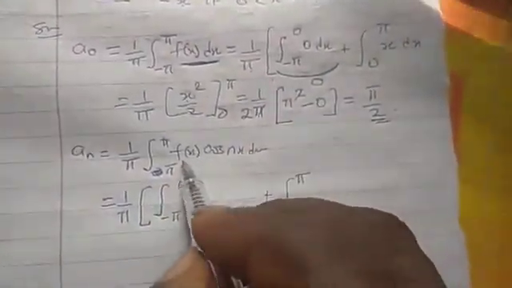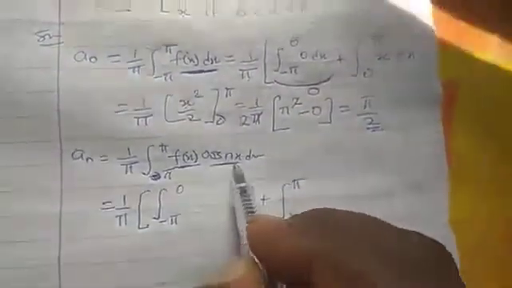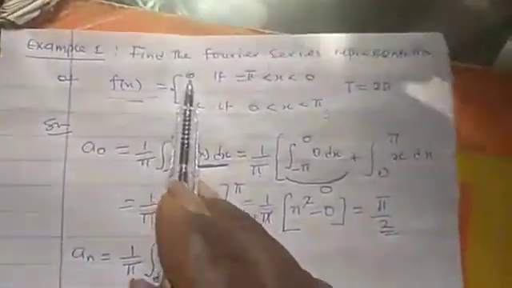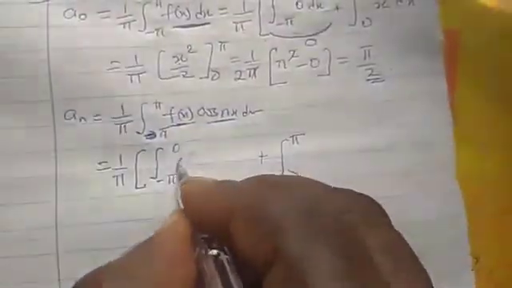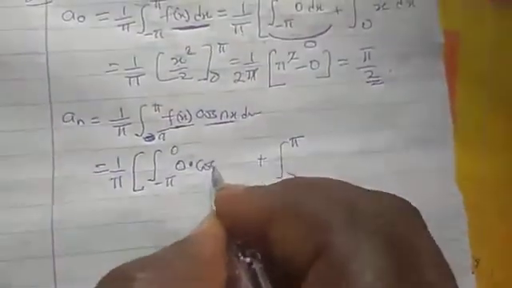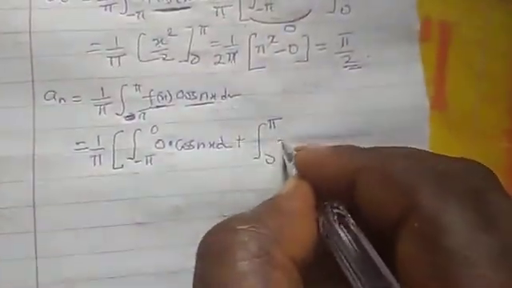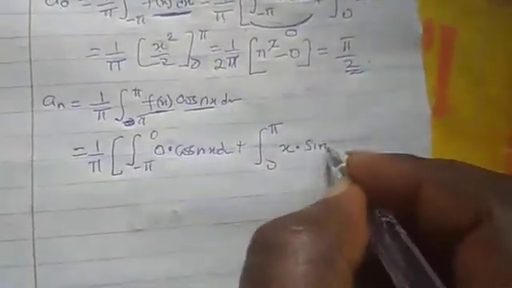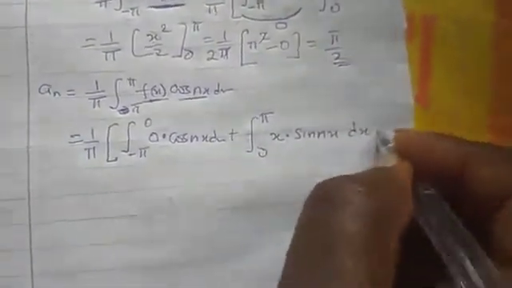So the formula says f of x and cos nx. But f of x is 0 there, so this is 0 times cos nx dx. The second one, 0 to pi, says f of x is x, so this is x cos nx dx.